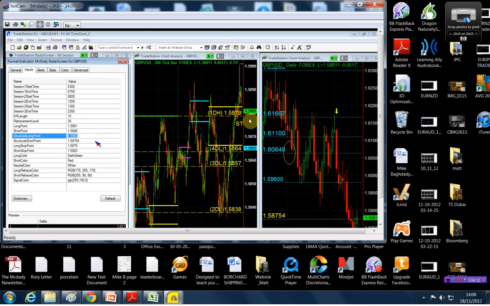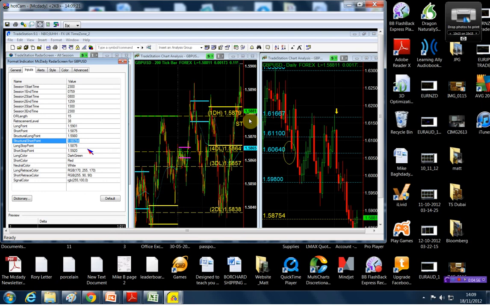The structure point doesn't change from last week with 159.80. On the short side, we're going to go short below that significant point, which is the 158.75, which is our structural short point.